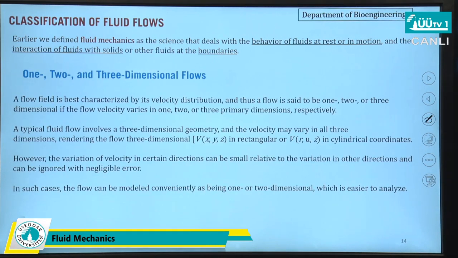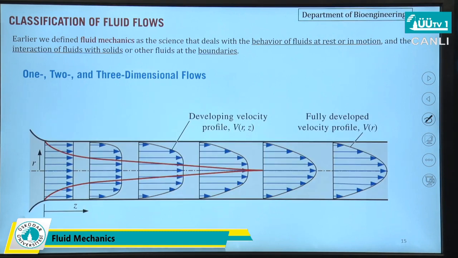One of the classifications of flows is about its dimensional aspect. Here in this example, we can see the flow of a fluid inside this pipe. This red line is the entrance region, okay? As you can see here, the velocity will change in the Z direction and also in the R direction.